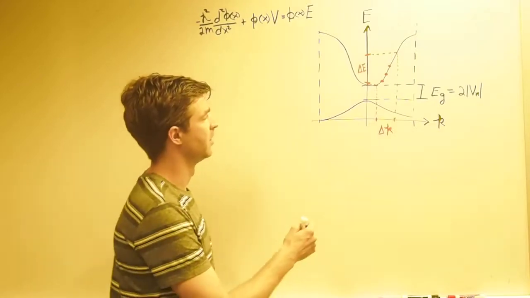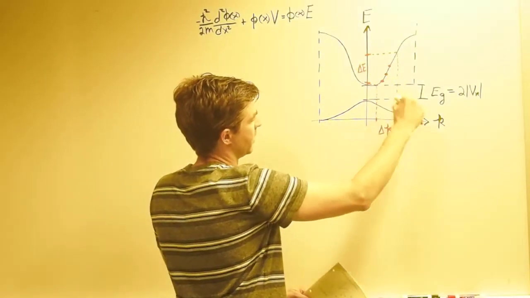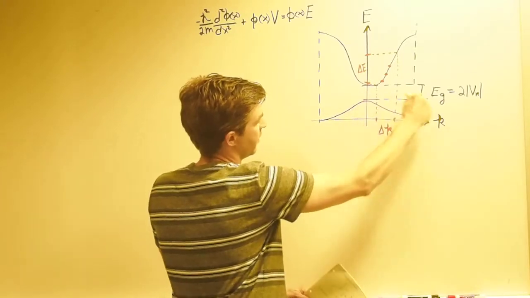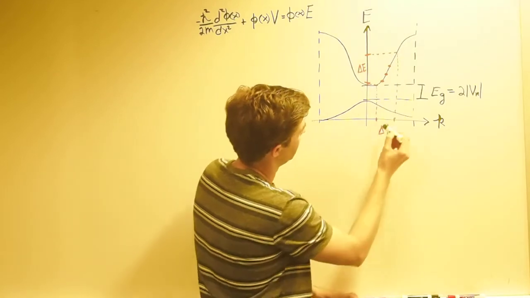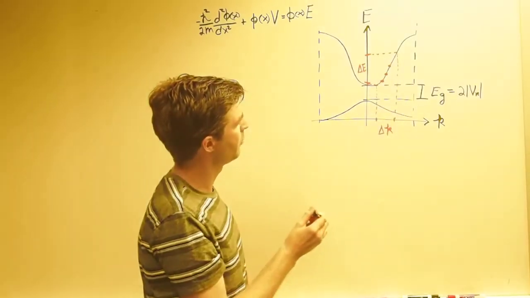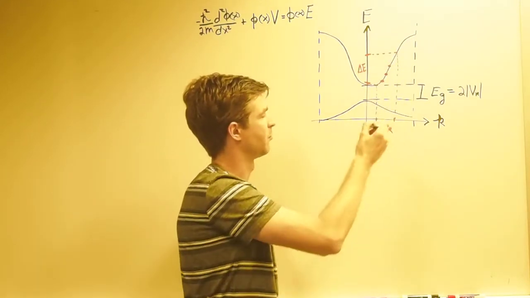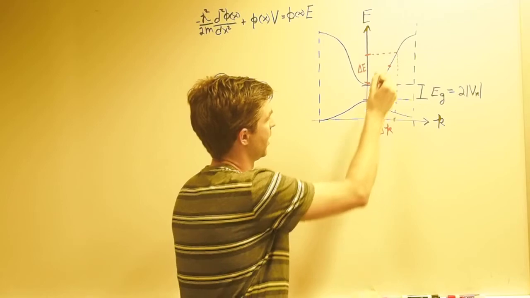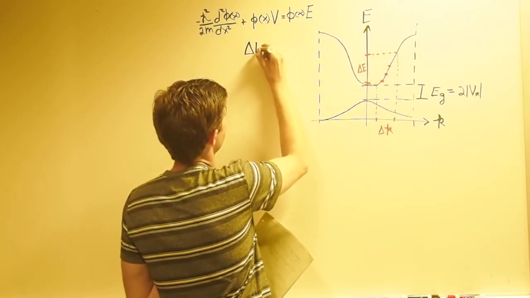We know from this that electrons can only exist in these bands and cannot exist in this band gap region in between. So if electrons exist on these bands from here to here, what we want to find out is how many electrons we can get on these bands per unit energy. So how many electrons can I fit in this delta E region, right?